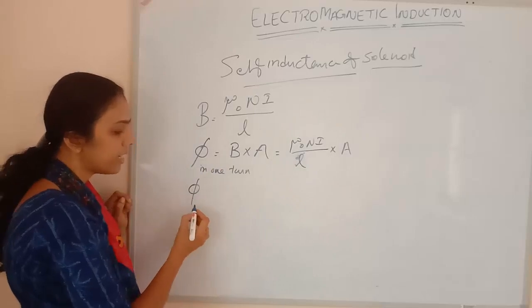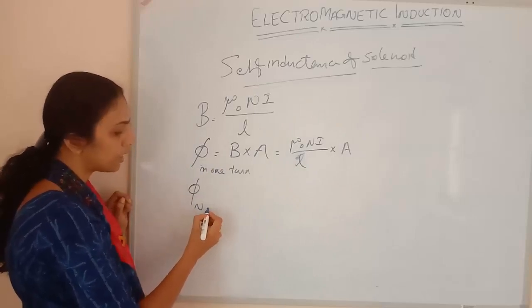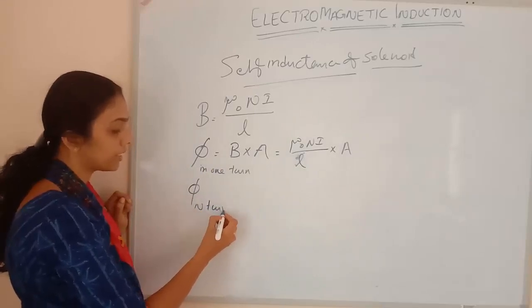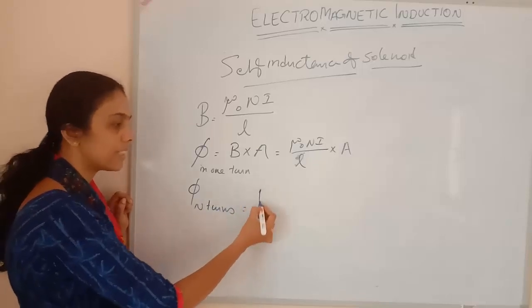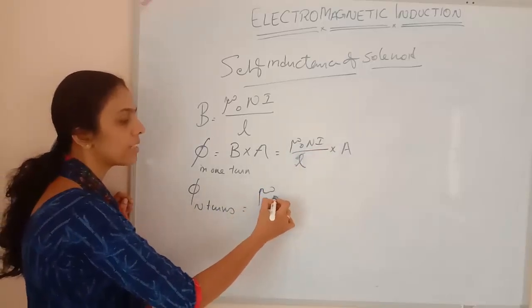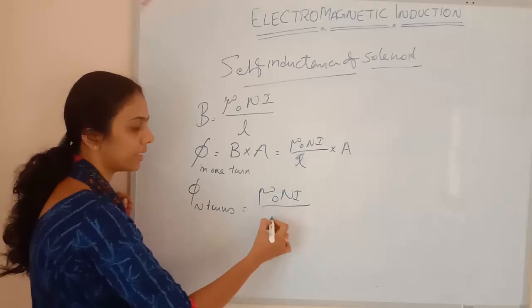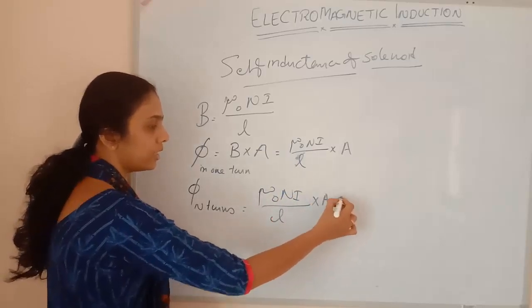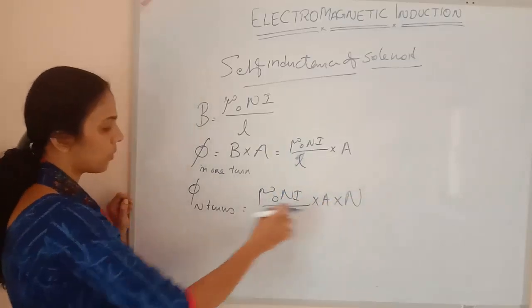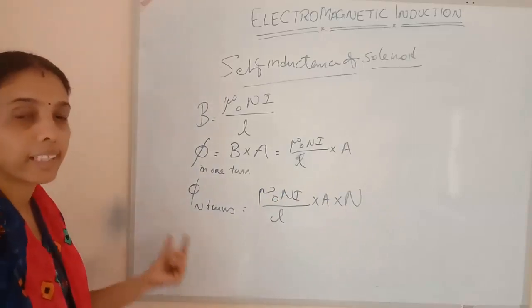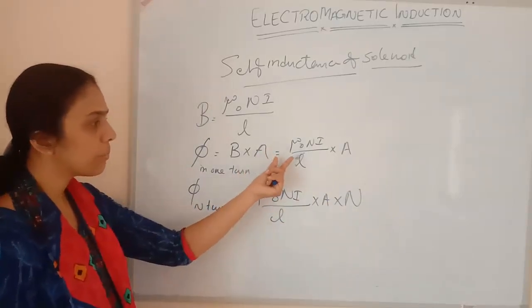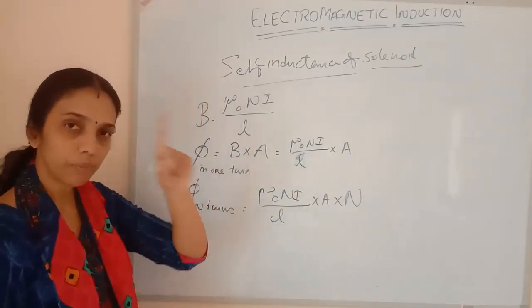If there are N turns, what will be the magnetic flux in N turns? It is mu 0 N I by L into A into N. This will be the magnetic flux linked for N turns.